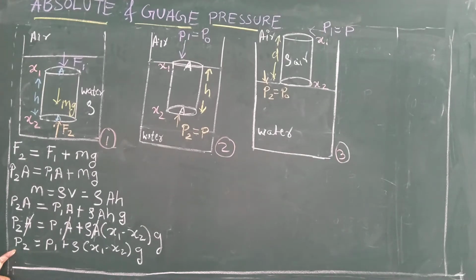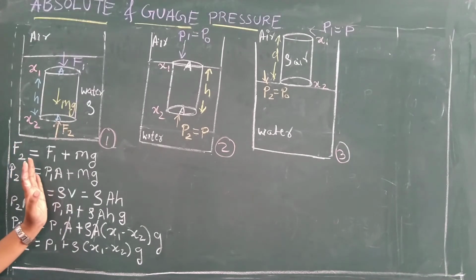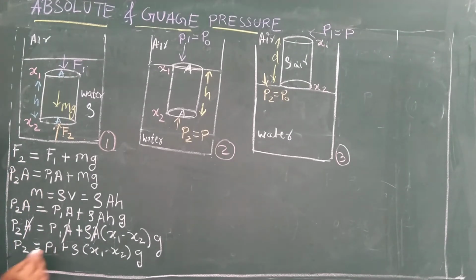This P2 is nothing but the absolute pressure, means total pressure. Now here if I write this equation in this way, like P2 as it is here, and if I shift this P1 here, so it will look like P2 minus P1 is equal to rho (x1 minus x2) into g.